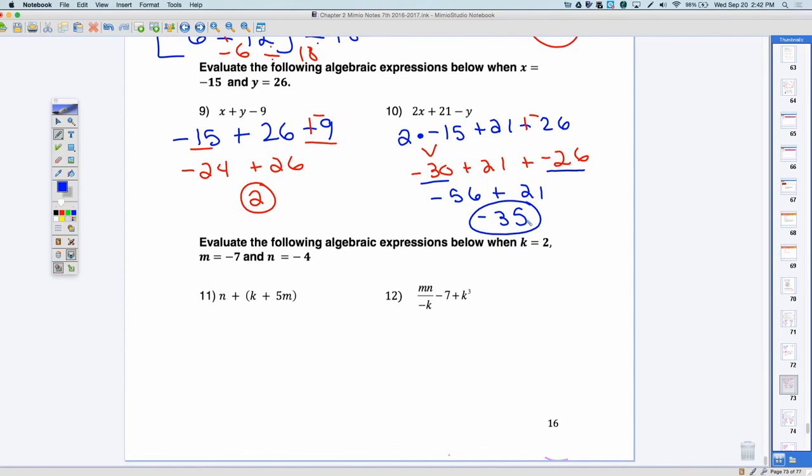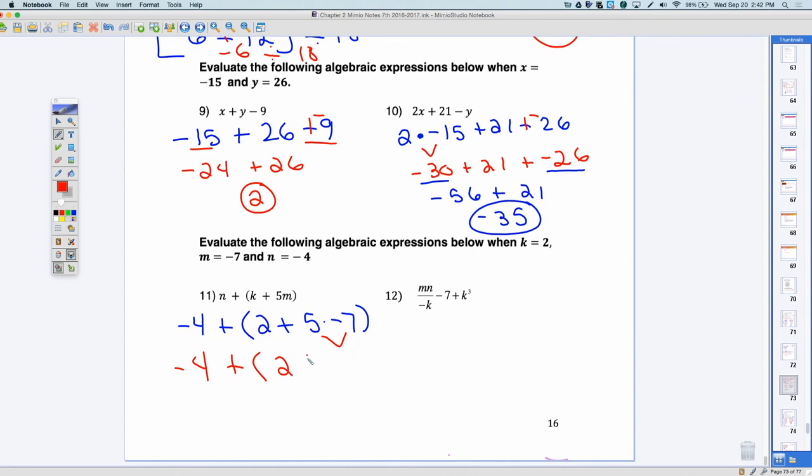Last example, evaluate the following algebraic expressions below when k is 2, m is -7, and n is -4. So we're going to replace n with -4 plus k, which is 2, plus 5m, so 5 times -7. All right, during the order of operations, we go inside parentheses, and we have to do the multiplication first.